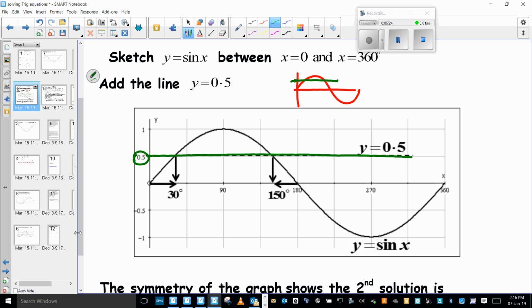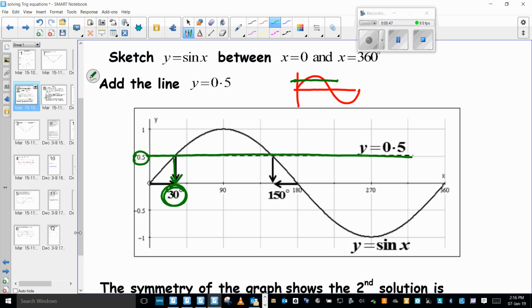So even this is pretty rubbish. That was supposed to be 0.5, but it's clearly not halfway between them at all. But it'll do. Okay, so it's just a visual aid for you. So here we go at 0.5. Our calculator gave us this answer here. You all happy with that? So we knew that this value here is 30.